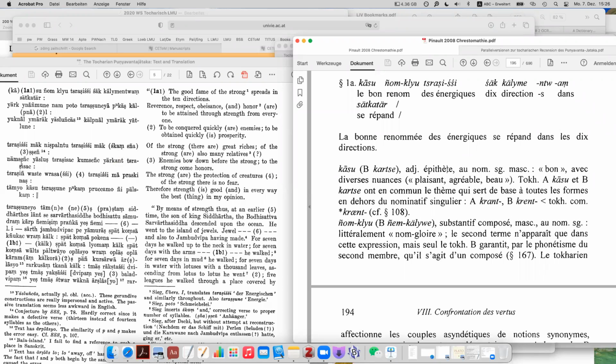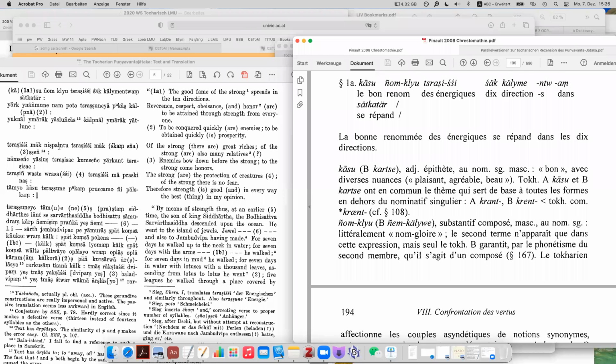Shkan shnya shen. So here we have the strong one, but in genitive plural. So for the strong ones, there are a lot of riches, a lot of properties.